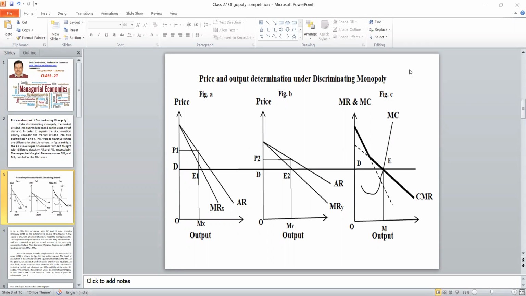This question is rarely asked; they usually ask only about the simple monopoly. Suppose they ask about the discriminating monopoly also, then we have to explain the simple monopoly and then the two submarkets and add them. If you represent the combined marginal revenue, that is called the discriminating monopoly.